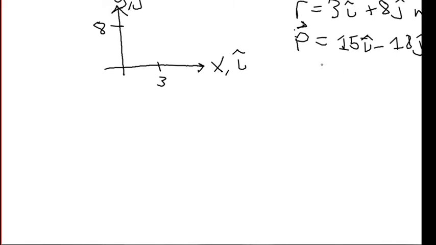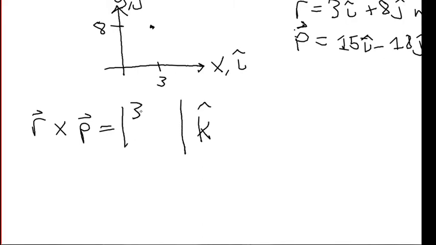And then, if we want to cross r and p, we know we've got i and j components for both of these, so the k hat component is going to be the only result from the cross product. So we can just start by writing the k hat, and then the determinant of this submatrix, where we put r first, and then we put the momentum.